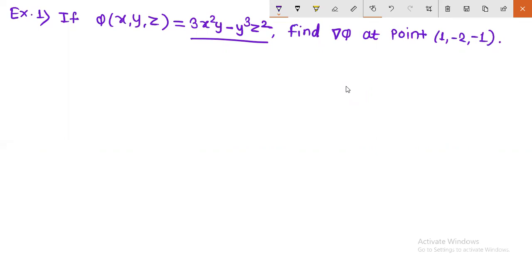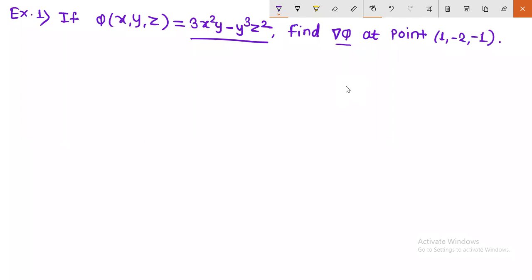Okay. So we have to find here del into phi. So what is del into phi? Is this gradient, divergence, or curl? Divergence. Why is it divergence? Dot.